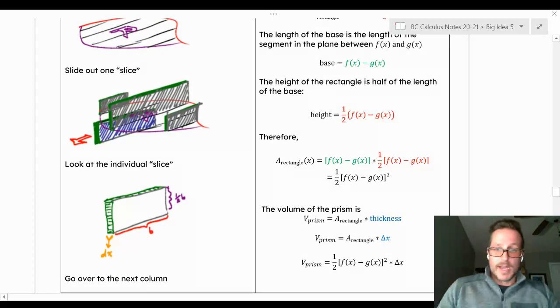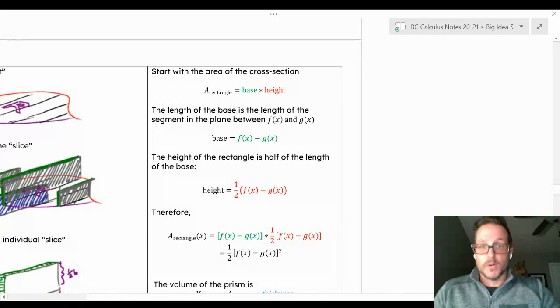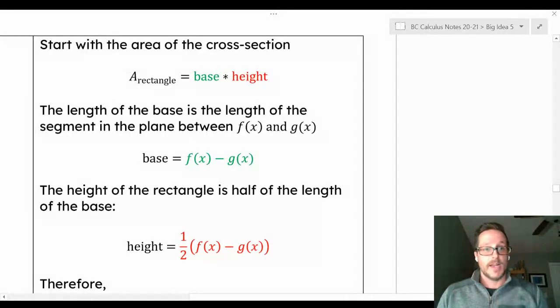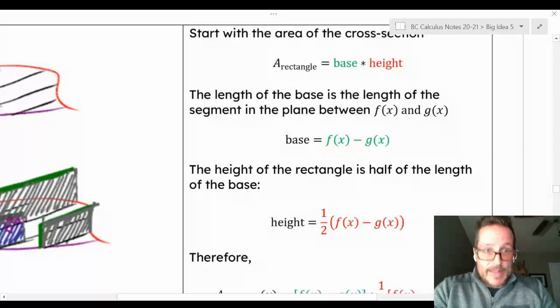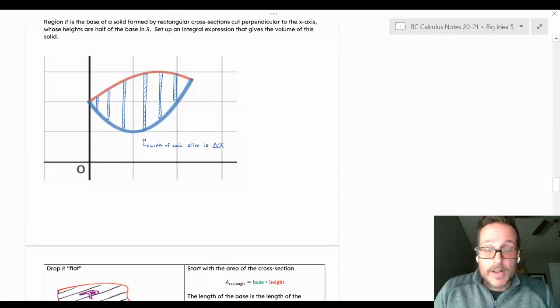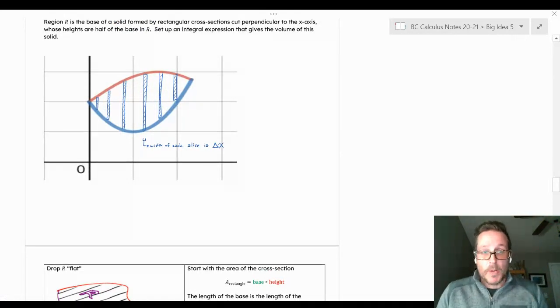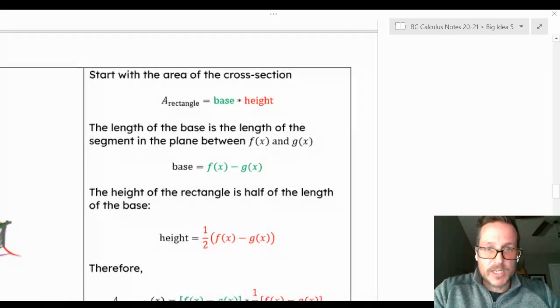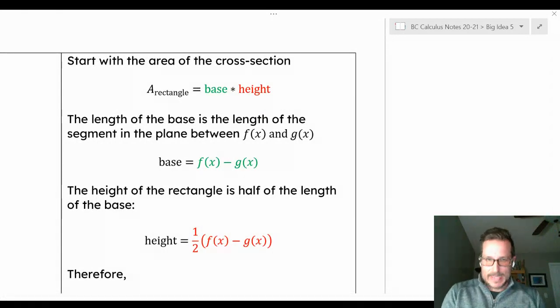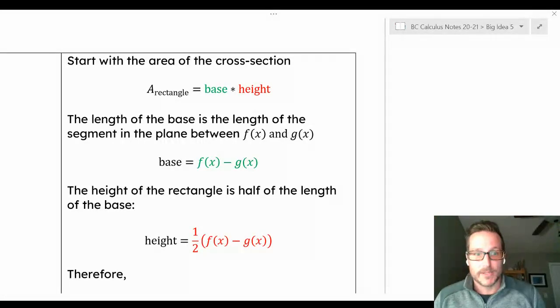Okay, so the idea here is we want to start with the area of the cross section. The area of the rectangle is the base times the height. Well, the length of the base is that length in the plane, the distance between the two functions, right? So the distance between f and g, think top minus bottom, the base length is f of x minus g of x.